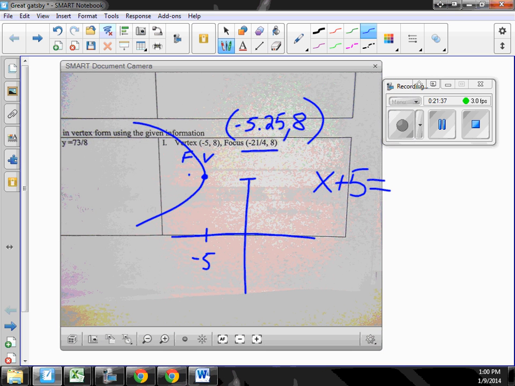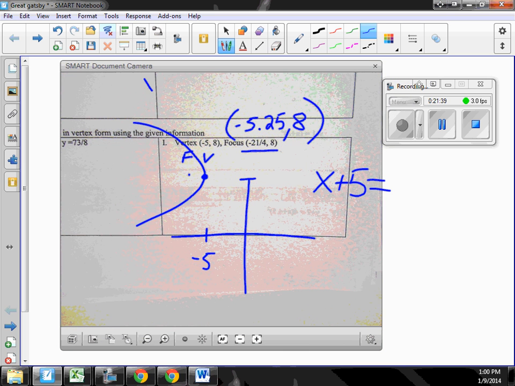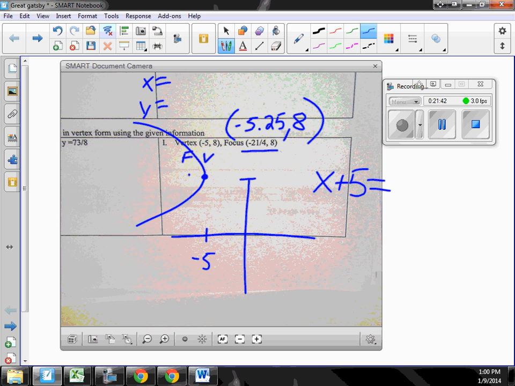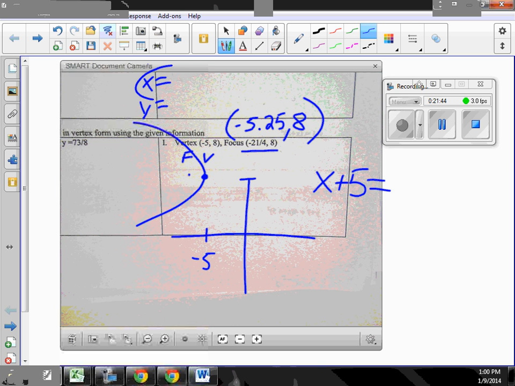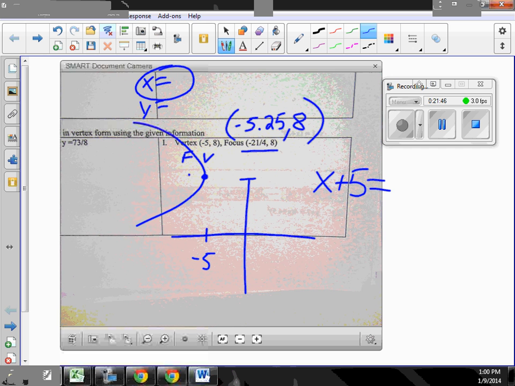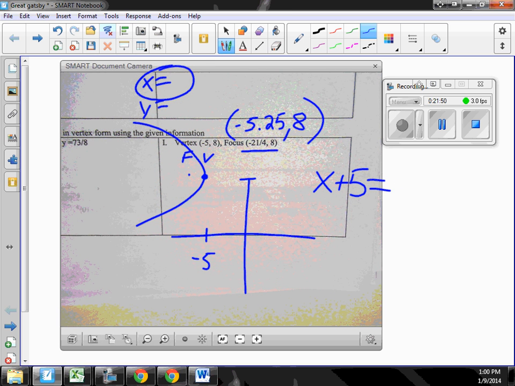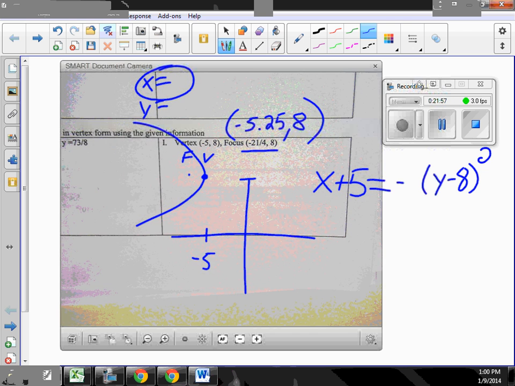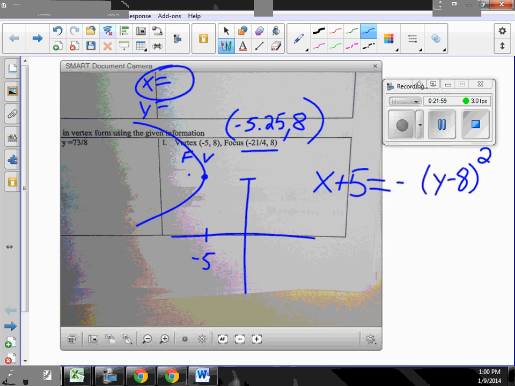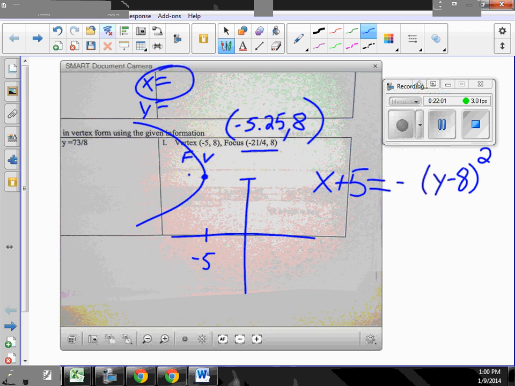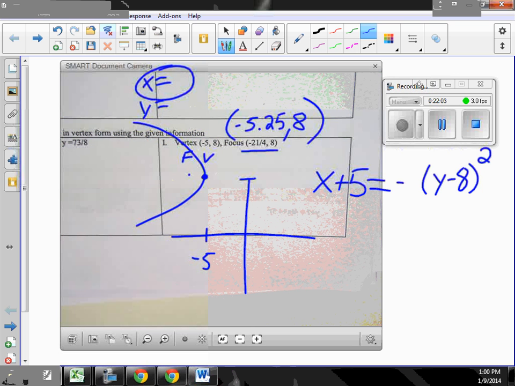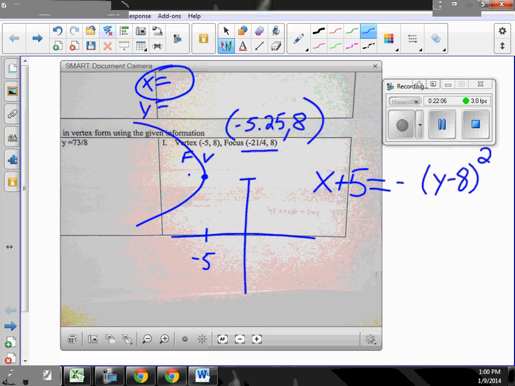The x equals equation is left or right, and the y equals equation is up or down. So you have to pick the x equals in this case. So what do we know about a? A is negative. Y minus 8 squared. So the direction of opening and the vertex tells me everything I need to know except the value of a. We know a is negative because it's going to the left.